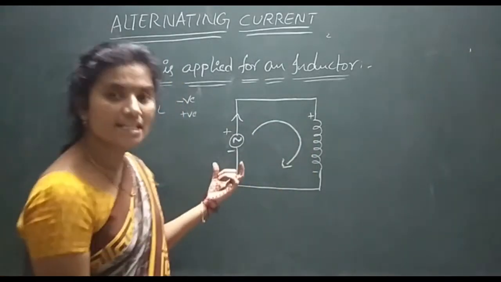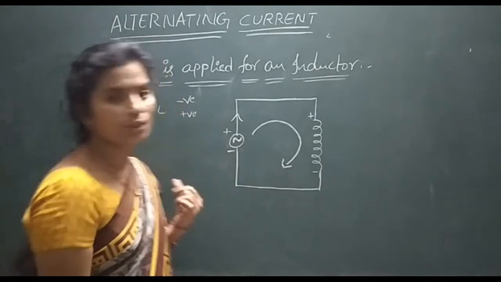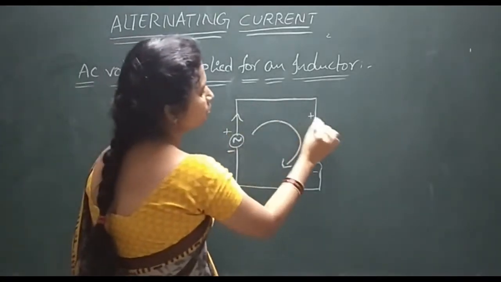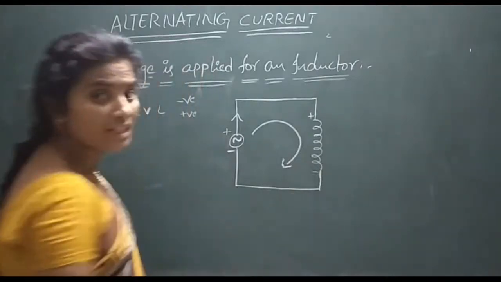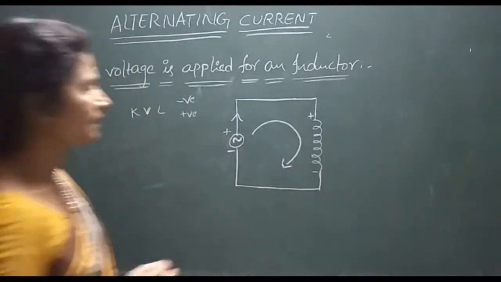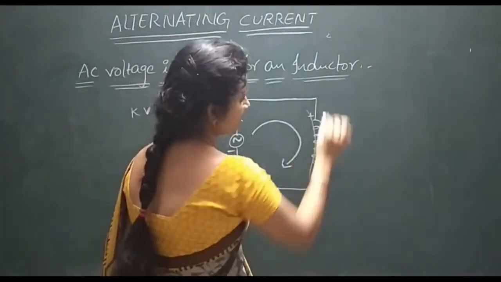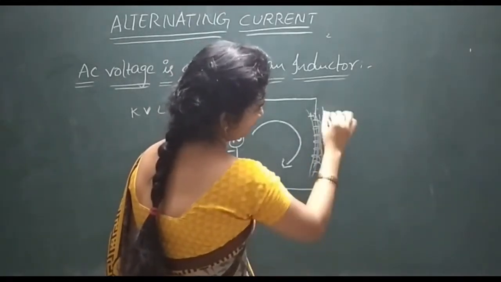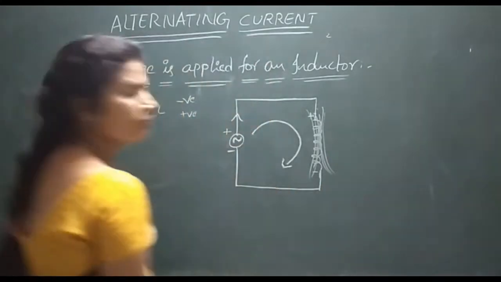Whenever we apply AC voltage to this circuit, what will happen? The current passes through the inductor. Whenever the current passes through the inductor, the magnetic field is produced and the flux varies.